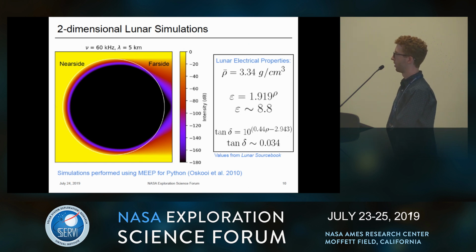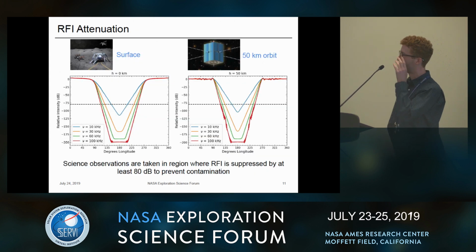And so we can use these simulations and apply it to the two different cases of possible places we could do these experiments. So the first would be actually to put an experiment on the lunar surface, and then the other would be to use some sort of satellite in orbit around the moon and to do the experiment from there.